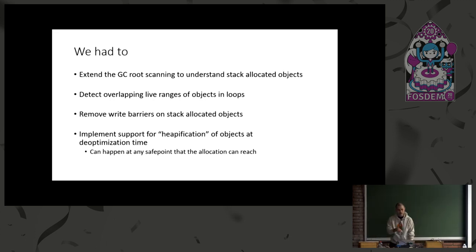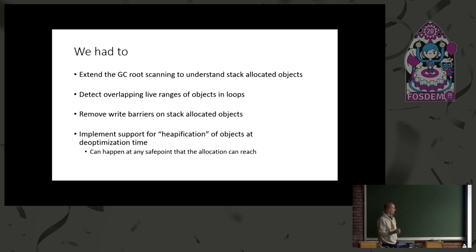A more subtle issue I'll describe later is detecting live ranges of objects in loops. And the other two items, removing the write barriers, we obviously can't do them, because if you do a card mark on a stack location, it's not good. And then the other two were already being done, similar code we found for scalar replacement.